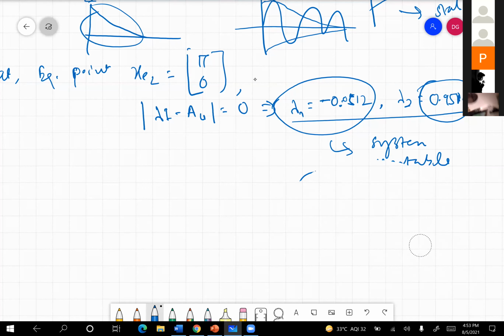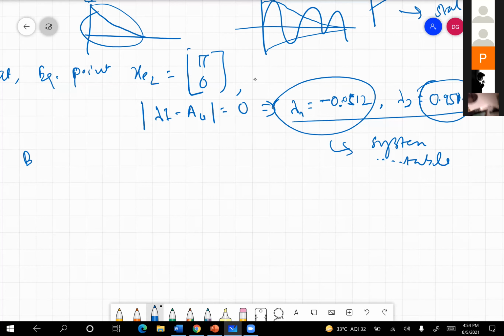So now what to do? If you remember the linear transformation, if you have a system not in diagonal form, we can transform the system into diagonal form using a linear transform. Before we move to that part, let me write something.